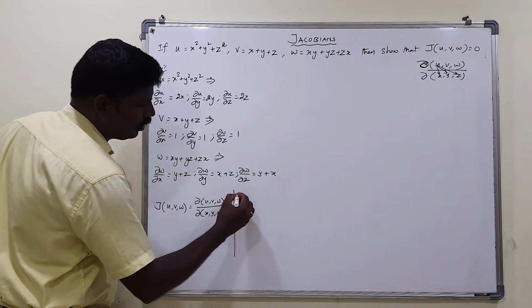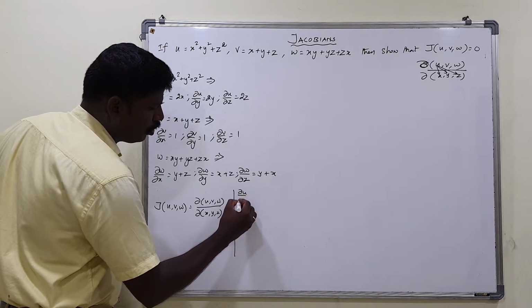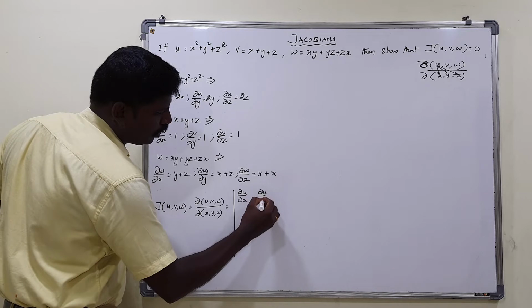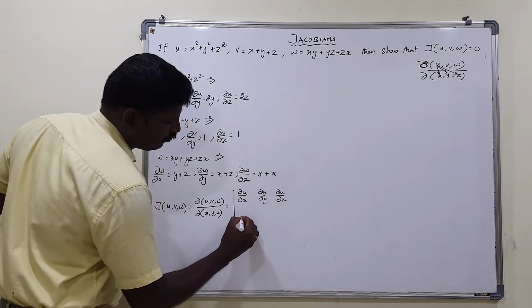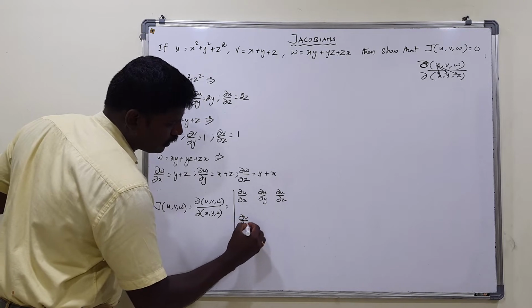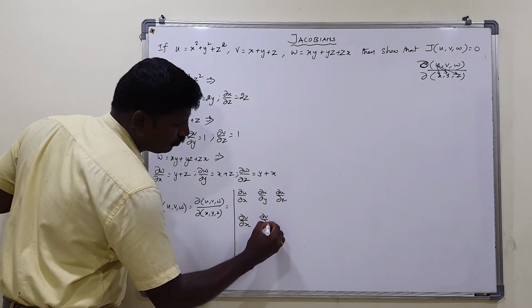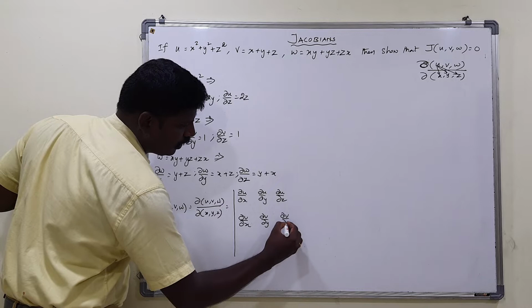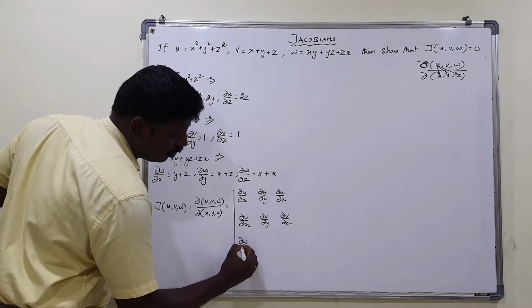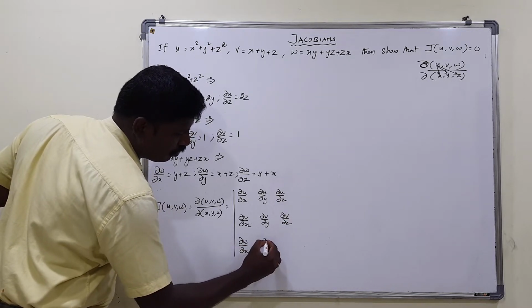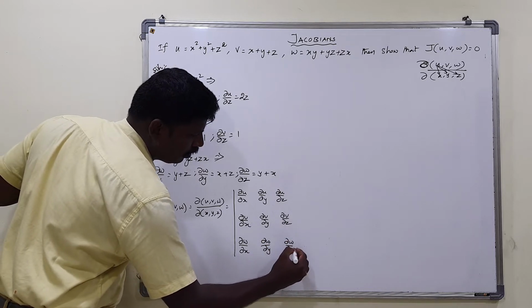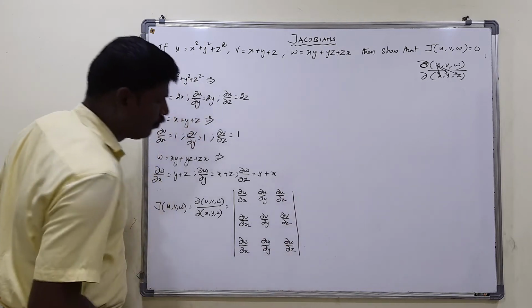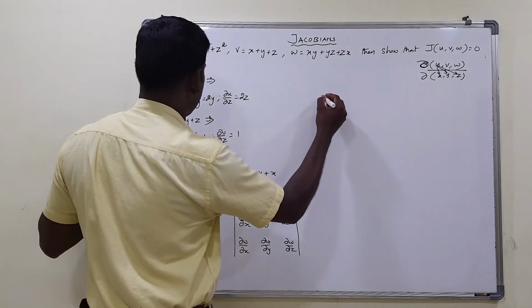So that is the determinant of dou u by dou x, dou u by dou y, dou u by dou z, dou v by dou x, dou v by dou y, dou v by dou z, dou w by dou x, dou w by dou y, dou w by dou z. Okay, right? Substitute all the values here.